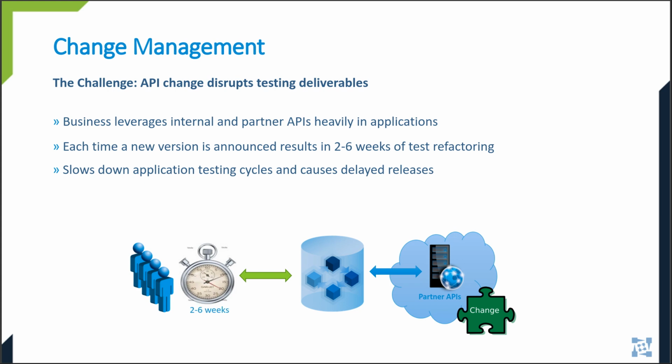Well, without access to that service, without data for that service, the team's really not able to make the necessary changes to their tests, as well as their virtual services. So they just kind of put that project on a shelf for a few weeks until that endpoint becomes available, and then they can go back and update their assets.